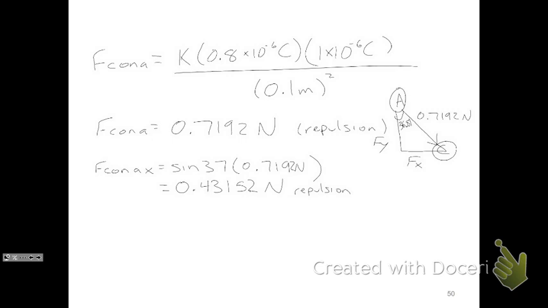Okay, so let's find our vertical now. So FC on A in Y is equal to the cosine of 37 multiplied by our hypotenuse.